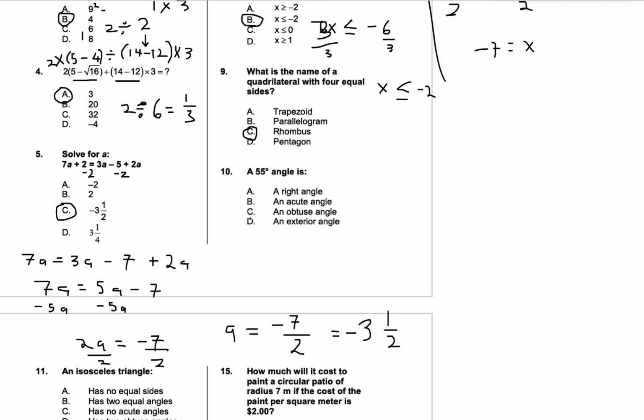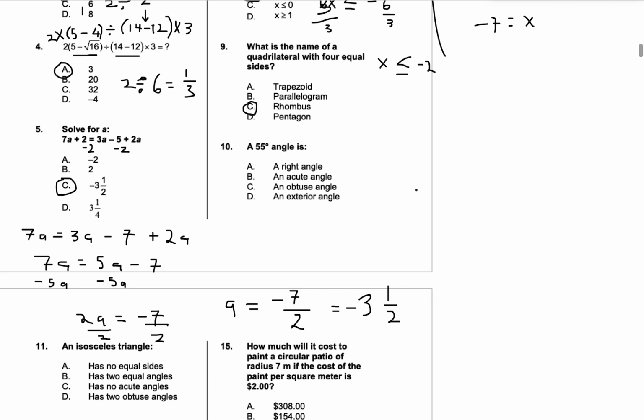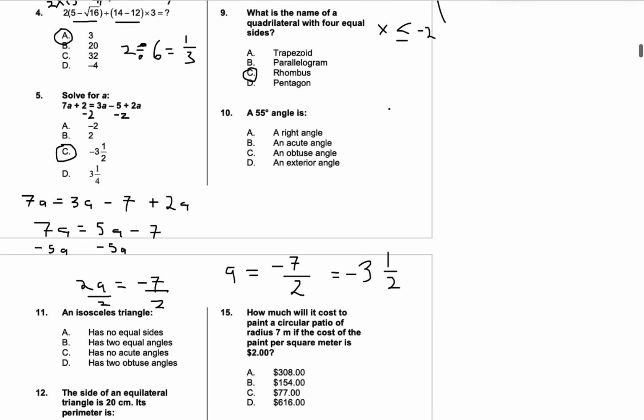And then number 10 says a 55-degree angle is, well, from what I recall from high school, I remember that an acute angle is somewhere between 0 and less than 90. So if I just use x for this one, it's less than, I wouldn't say equal, it's strictly less than.